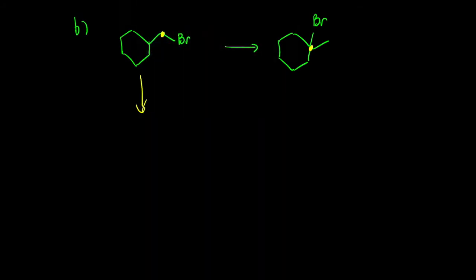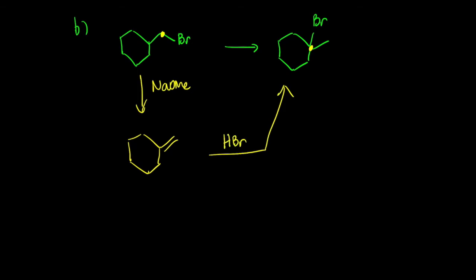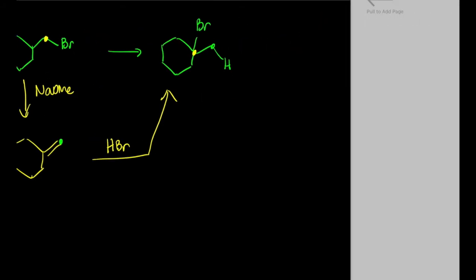So we want to treat this with, like, say, NaOMe. And then we want to add the bromine back with hydrogen bromide, okay? So we're not drawing it here, but there is an H on this terminal carbon, and that's Markovnikov's rule, okay?